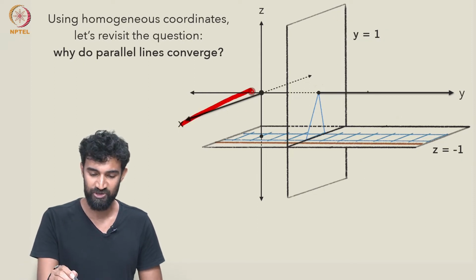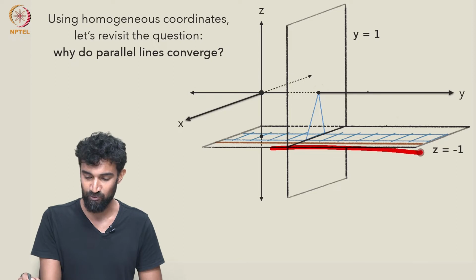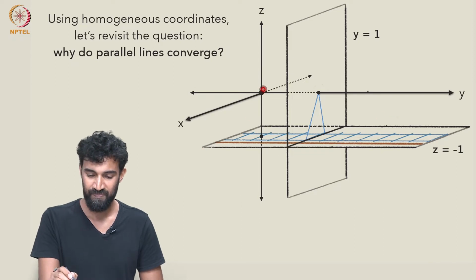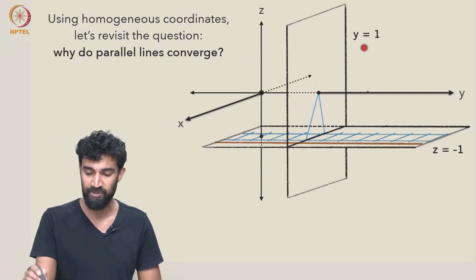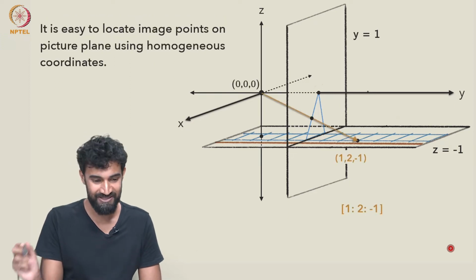So this is the x-coordinate, this is the y-coordinate, this is the positive z-coordinate, so that's why this is z equals -1, the ground plane. The origin is up here, and the picture plane is y equals +1. So that's our framework.